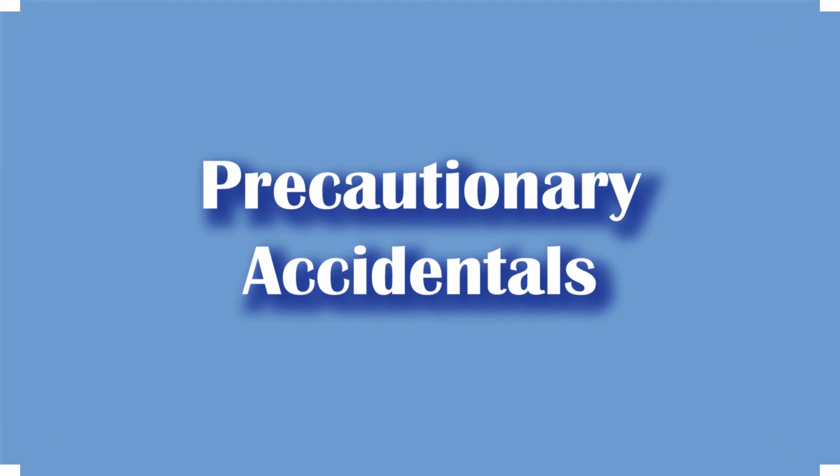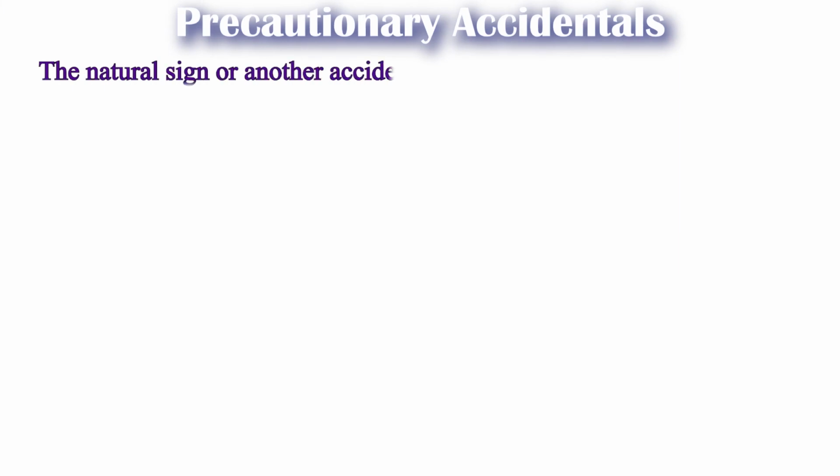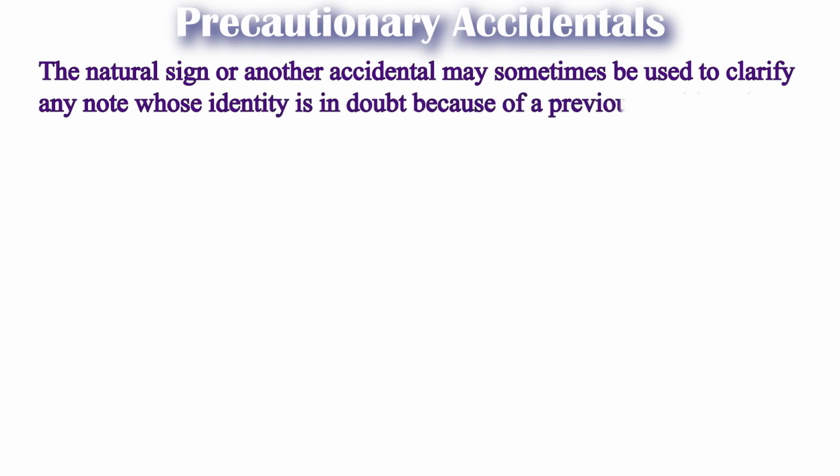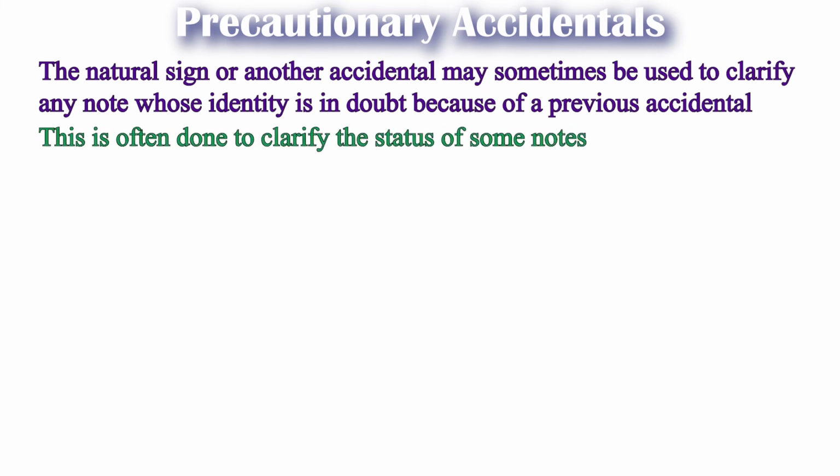Precautionary accidentals. The natural sign or another accidental may sometimes be used to clarify any note whose identity is in doubt because of a previous accidental. Composers often do this to clarify the status of some notes.